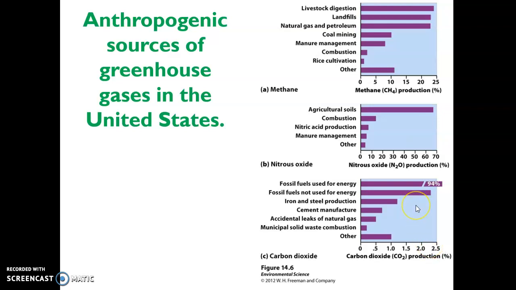So clearly the focus for reducing CO2 going into the atmosphere would be to reduce fossil fuels used for energy. It might be for home heating oil, it might be for natural gas for heating and cooking. Any regular fossil fuel burning, such as gasoline, will result in most of the CO2 that's going into the atmosphere. So a very simple thing to target.